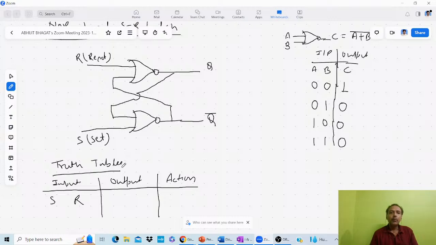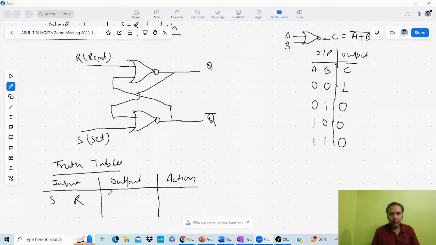So suppose at this time Qn is the output, then Qn plus 1 will be the next output. After applying the input you will get the next output, meaning Qn plus 1.